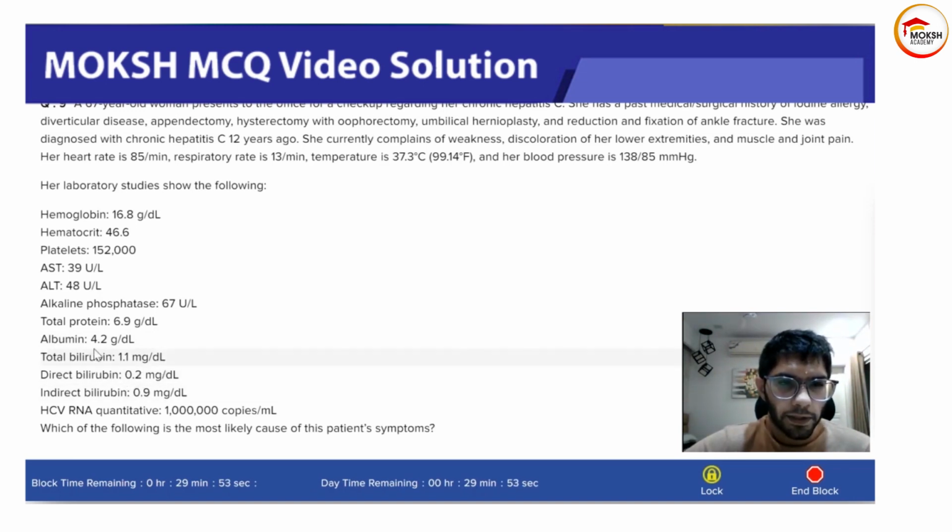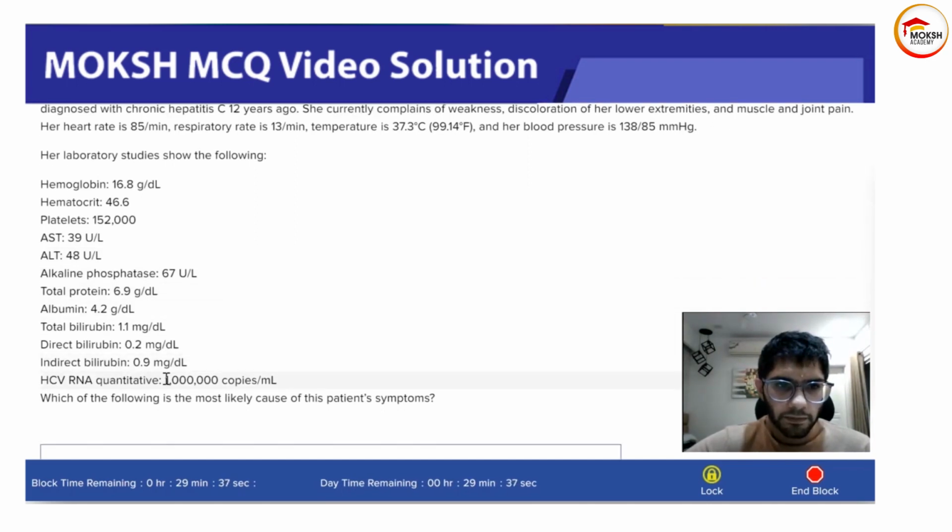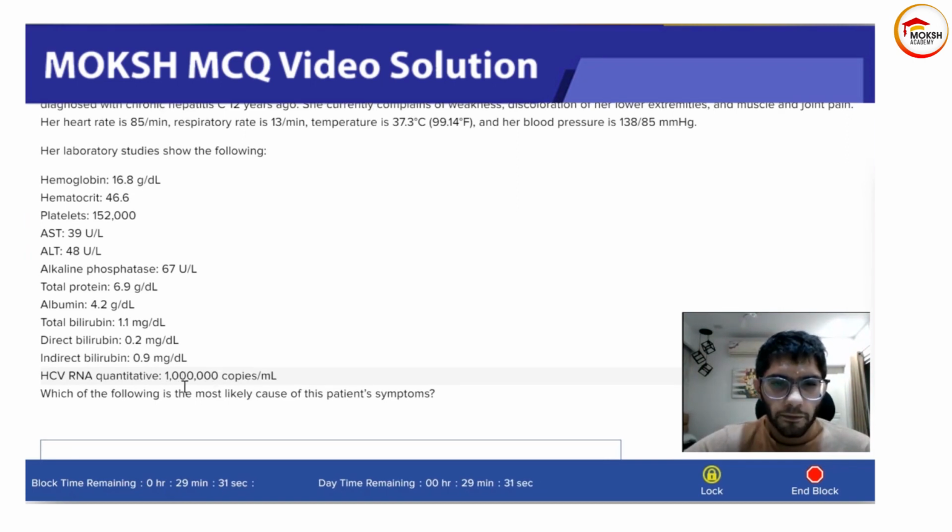So total bilirubin is also normal, albumin is normal, total blood protein is normal, AST, ALT, alk phos, all of this are normal. So LFT is moderately normal, and the HCV RNA quantitative is 1 million copies per ml, which is very high. Which of the following is most likely cause of this patient's symptoms?